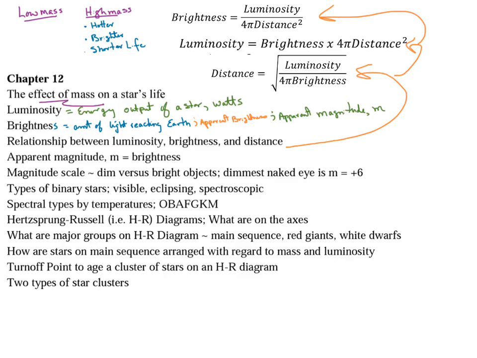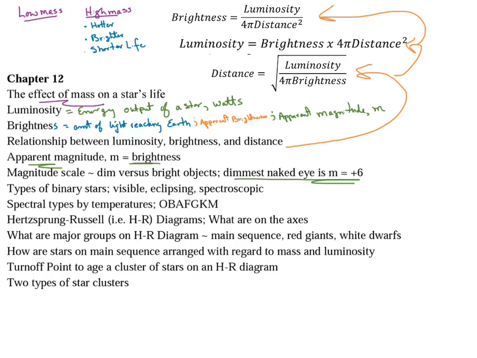So here are three quantities that relate luminosity, brightness, and distance. So pick your favorite quantity, or put all three quantities on your note card if you want. But these are all talking about how these things vary. The next line there, I said a couple of slides ago, apparent magnitude, lowercase m, is the same thing as brightness.